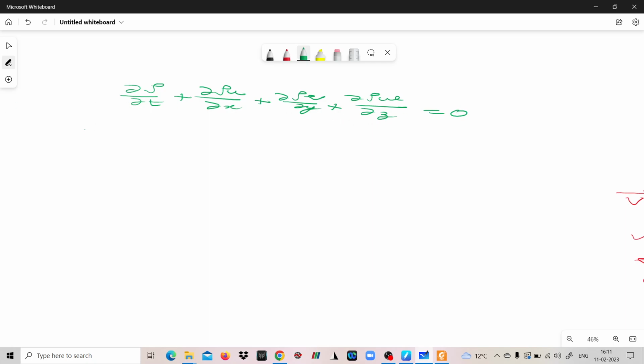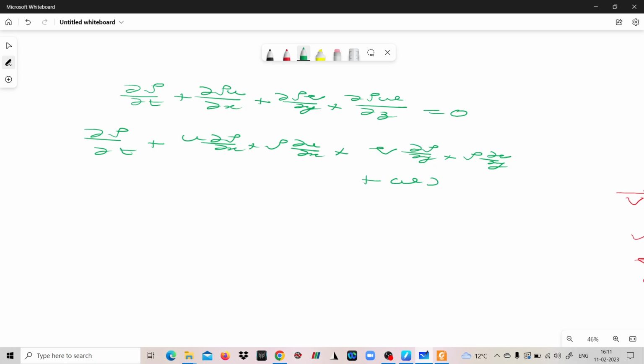This equation can be written as del rho by del t plus u del rho by del x plus rho del u by del x plus v del rho by del y plus rho del v by del y plus w del rho by del z plus rho del w by del z is equal to 0.